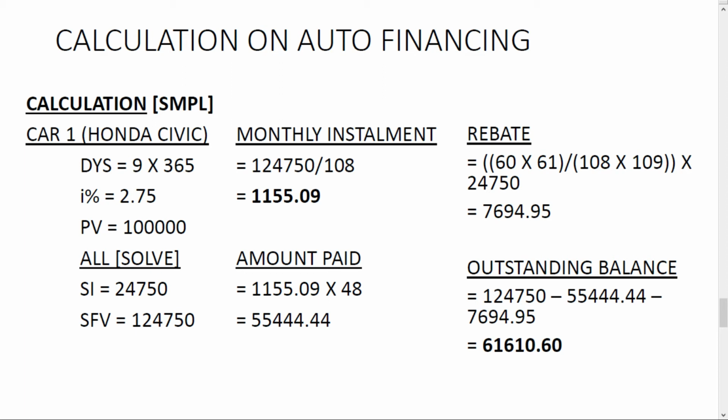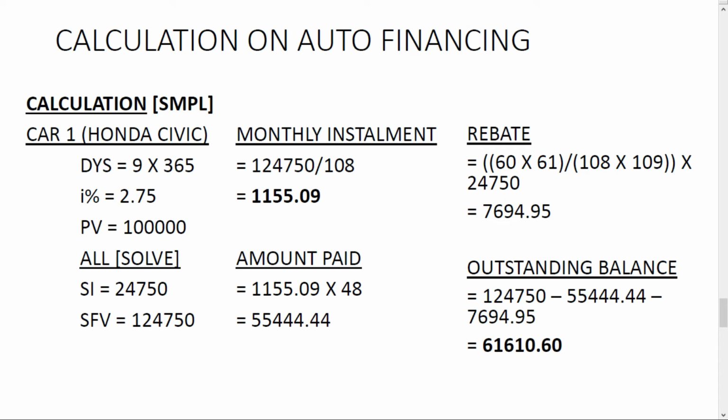The outstanding balance, on the other hand, is calculated by deducting the amount paid and rebate from the total amount, which is SFV. For the amount paid, just multiply the monthly payment by the number of months paid. And then to calculate the rebate, the Rule of 78 is applicable.